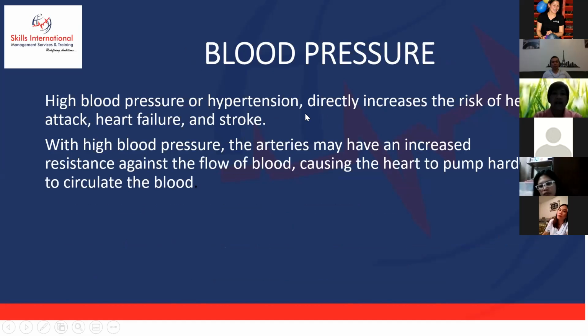Okay, so when there is a high blood pressure, we call it hypertension. It directly increases the risk of heart attack, heart failure, and stroke. So another medical term here is hypertension.